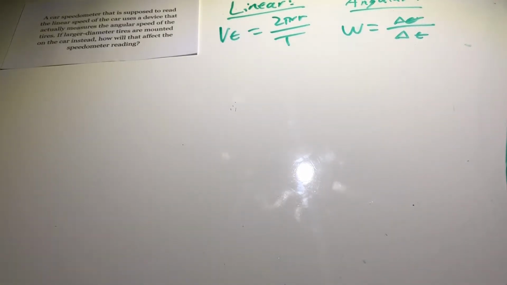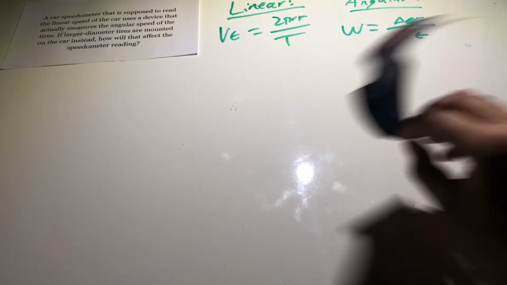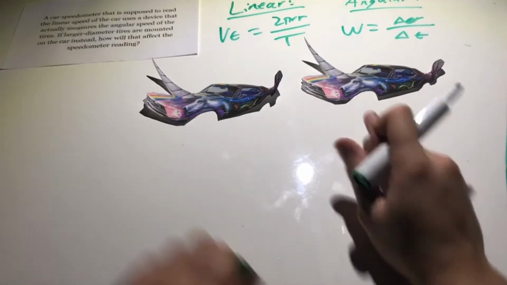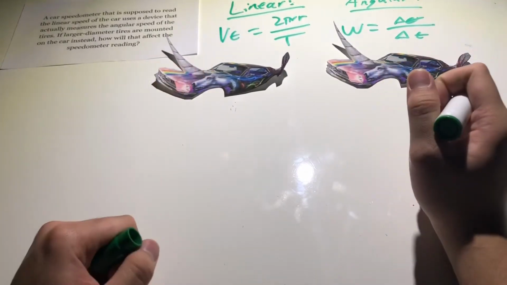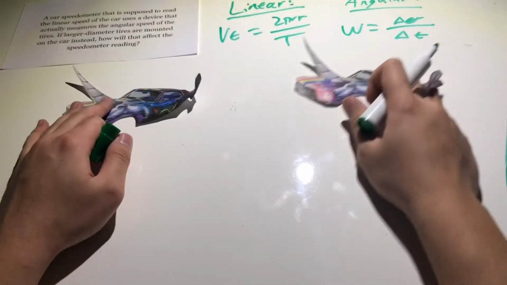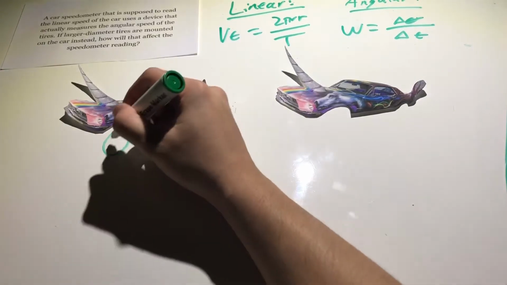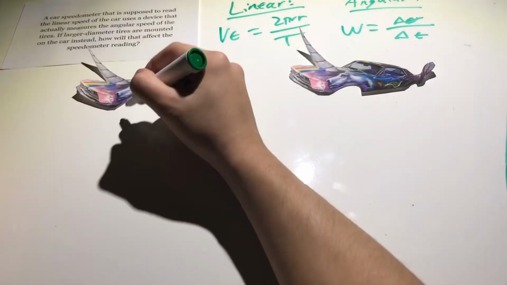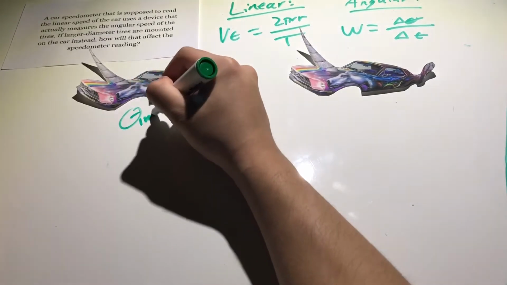Okay, now we have our cars, our unit cars here. Let's say our first car has tires with radius of 1 meter.